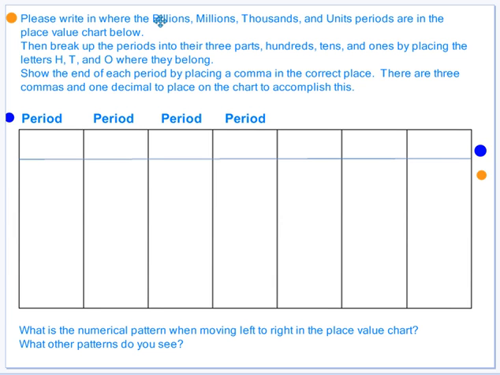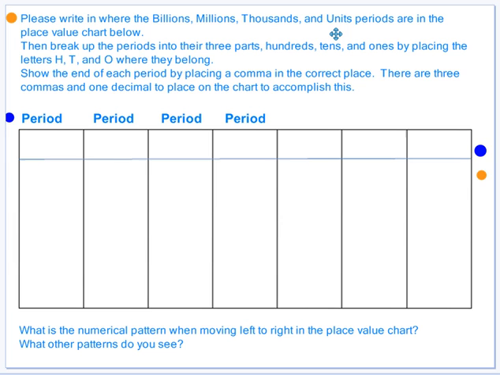So I'm going to need you to put those 4 periods, billions, millions, thousands, and units, on your place value chart. And then each of the periods on the whole number side is broken up into 3 parts. We call those the hundreds, tens, and ones, and you can represent those pieces by using the letters H, T, and O.